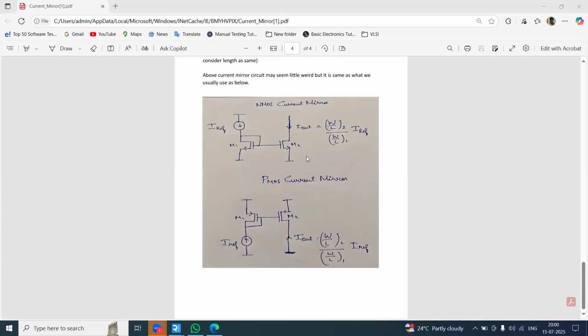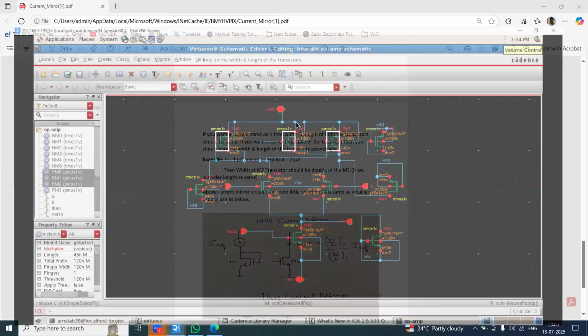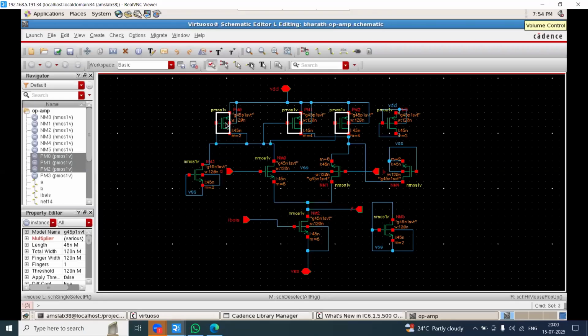What we want is 2 microampere, so we need to increase the width of the transistor, double the width of the M2 transistor. So in this layout, this has 2 multiplier and here it is 4 multiplier. 4 multiplier means it is twice the value, correct? Is it fine? Yes, sir.